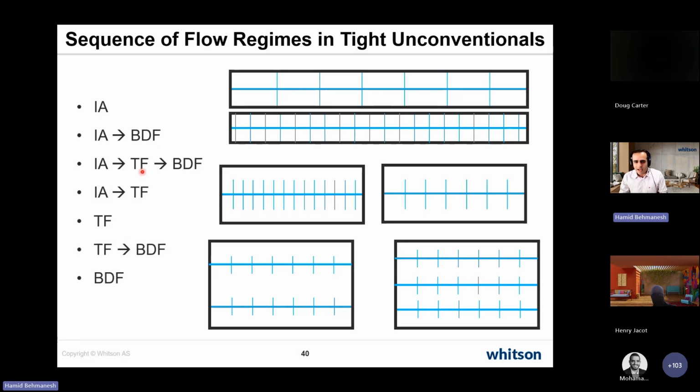Or it could be infinite acting going to transitional flow when there's some flow from beyond the tip of the fracture. And it could be the case where we only have 2 wells per section or 3 wells per section. The wells in this rectangle can easily demonstrate different flow regimes from infinite acting to transitional flow to boundary dominated flow.